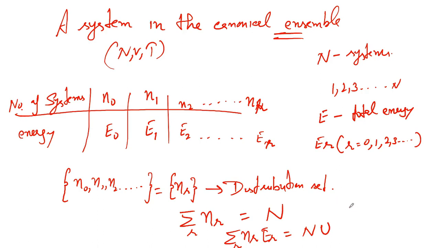From this we can say U is equal to E over N, the average energy per system.